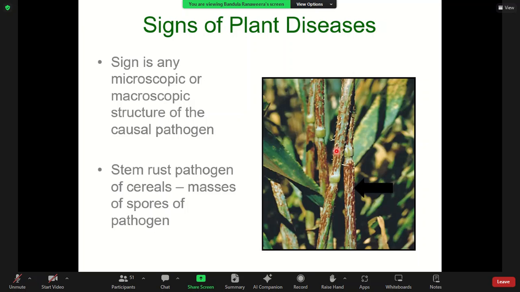So symptoms means an appearance on the plant part, plant organ, collaboratively developed by the pathogen and the plant or the host. Those are symptoms.